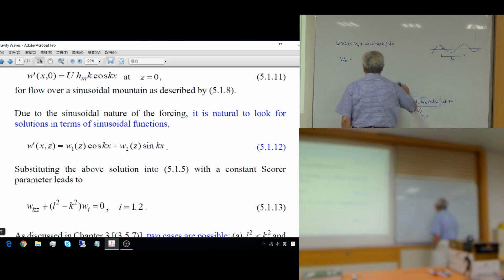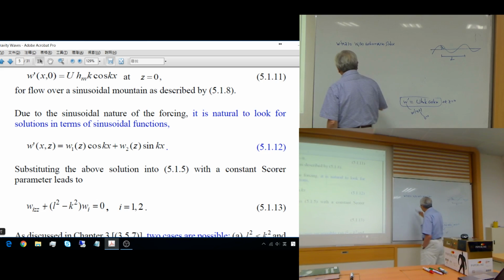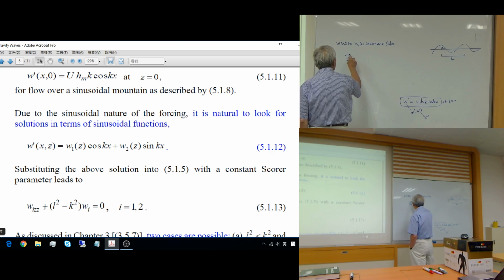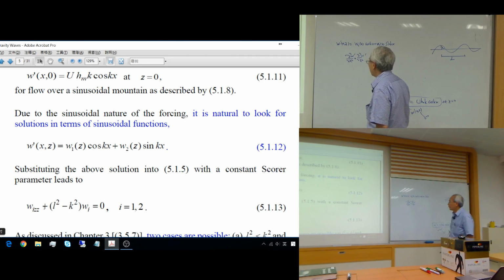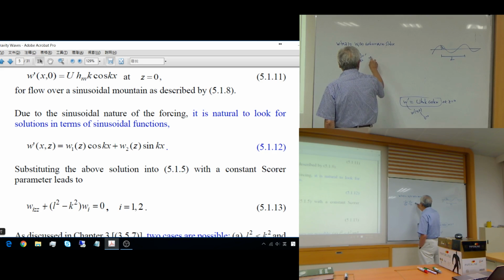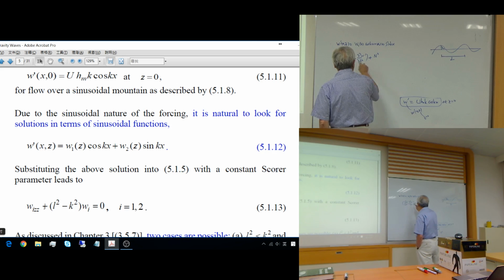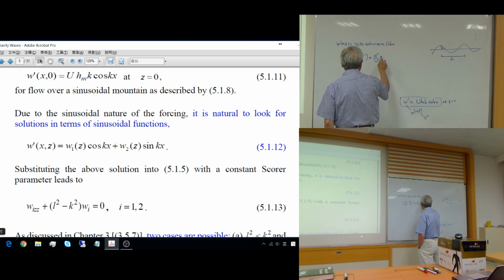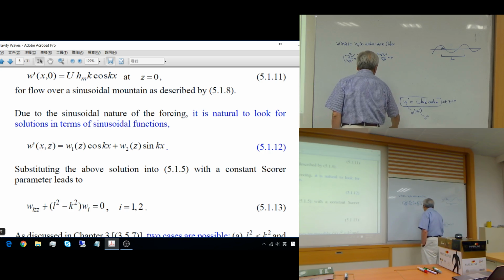I think what we have is partial square, partial x square plus partial square, partial z square, of w prime, and then plus a square over U square, and then the second derivative of w prime in z square, I think x square.